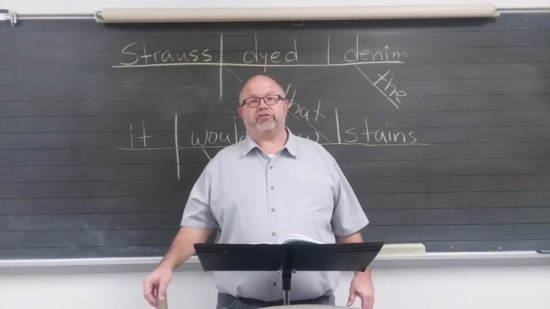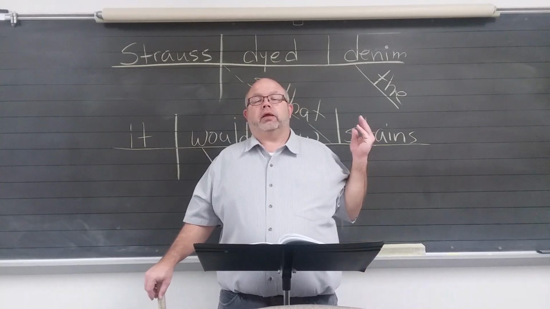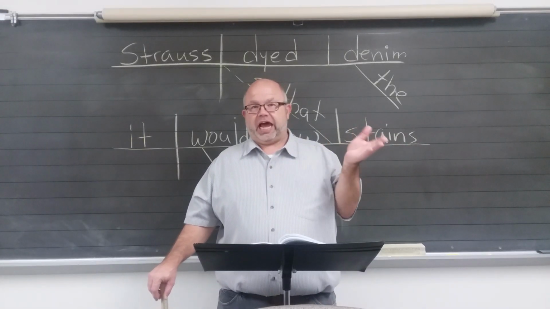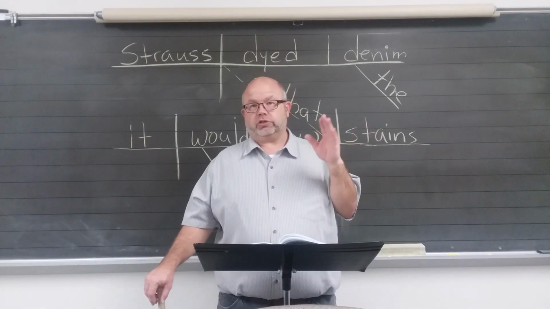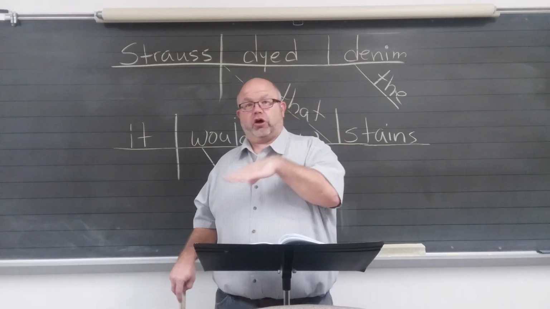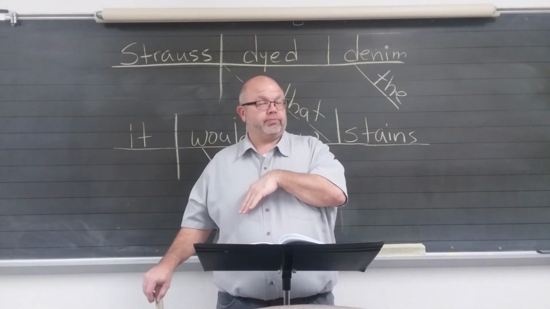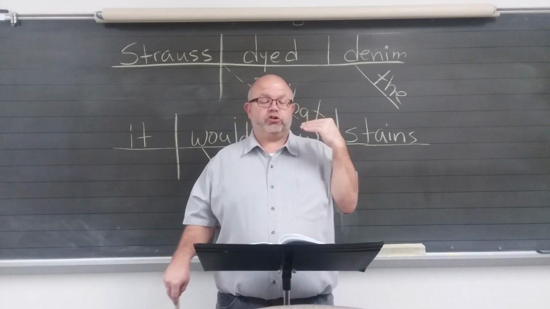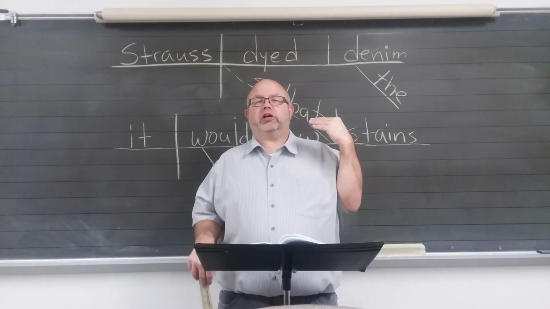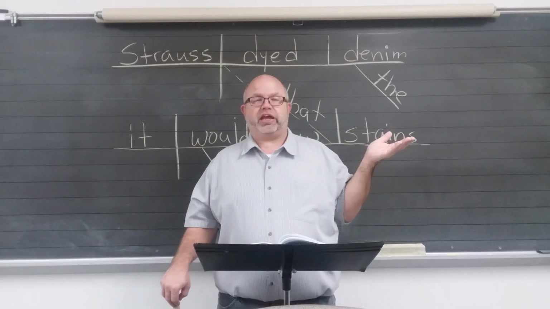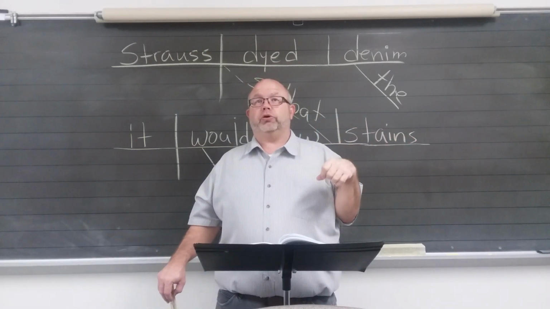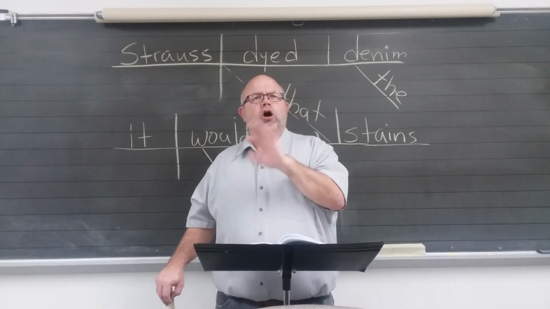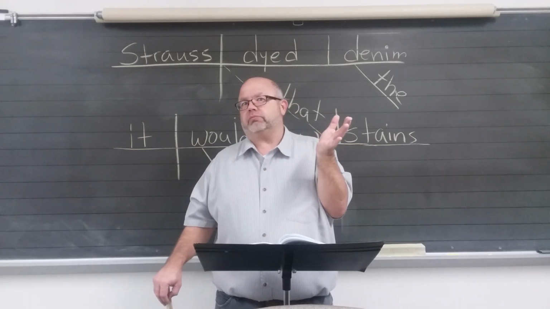Okay? So you have the compound sentence: the cow jumped over the moon, comma, but the little dog laughed. All right? So that's a compound sentence. Now you could turn that into a compound complex sentence by saying the cow jumped over the moon, but the little dog, who had a really long tail, laughed.